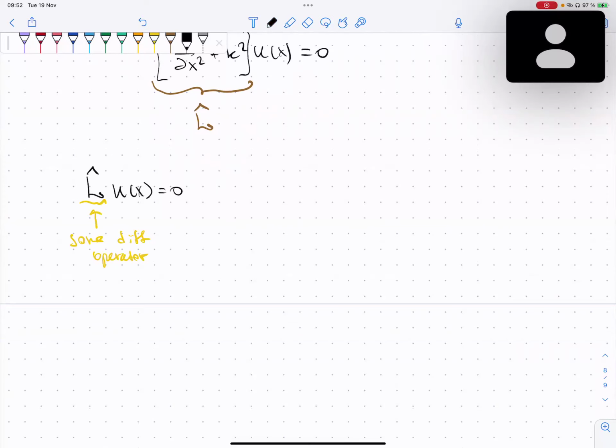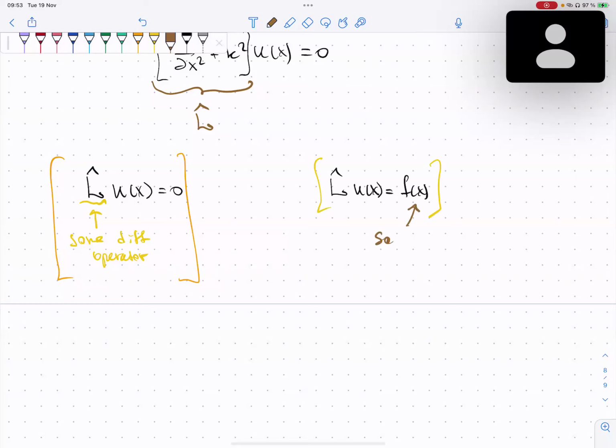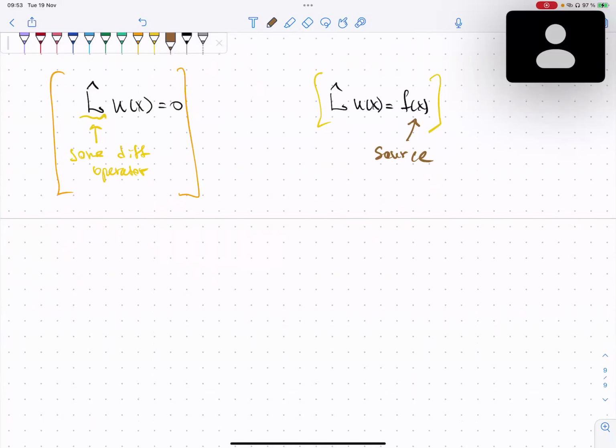This is a homogeneous equation, and this will be a non-homogeneous equation, non-homogeneous because we have some source here.